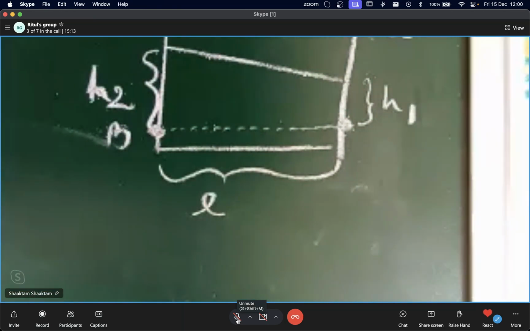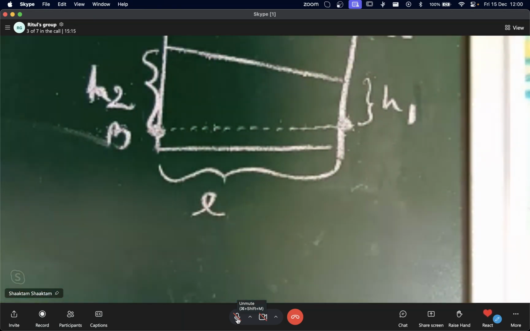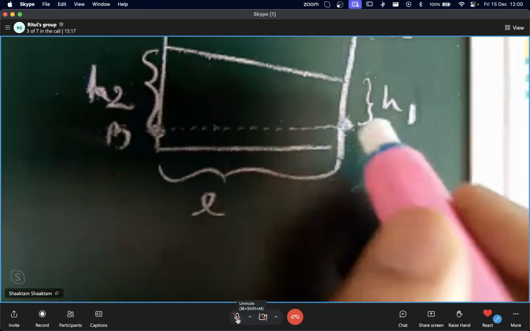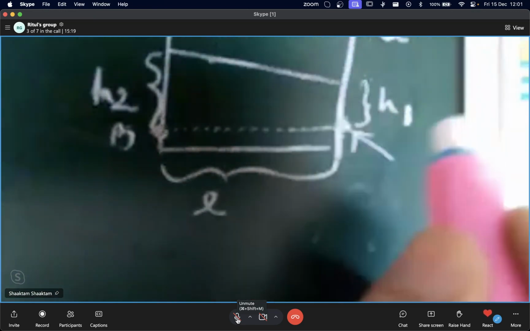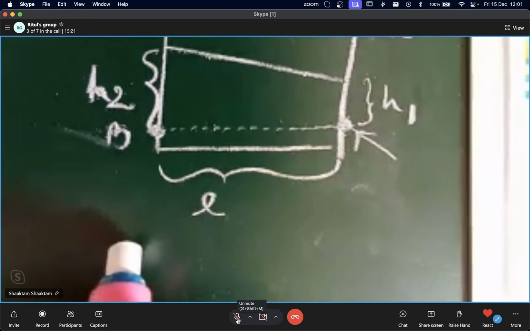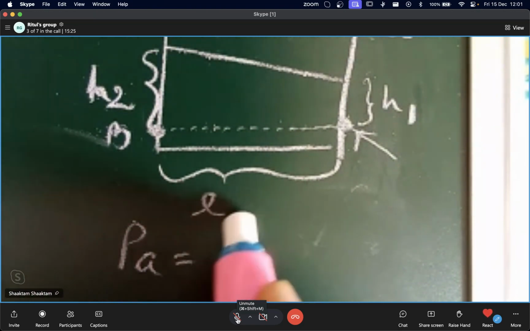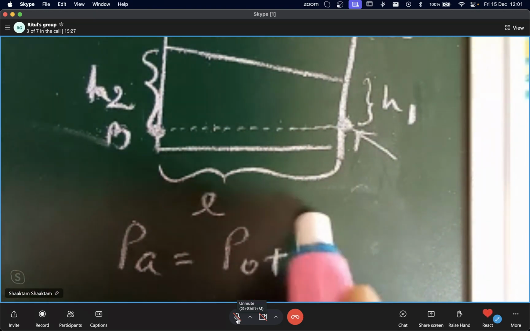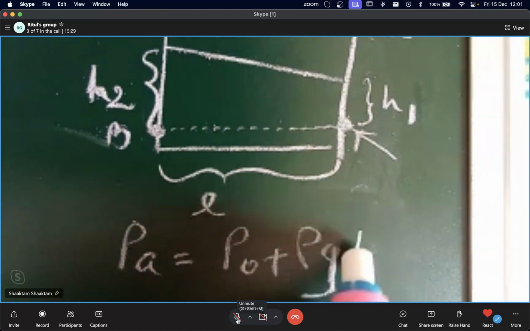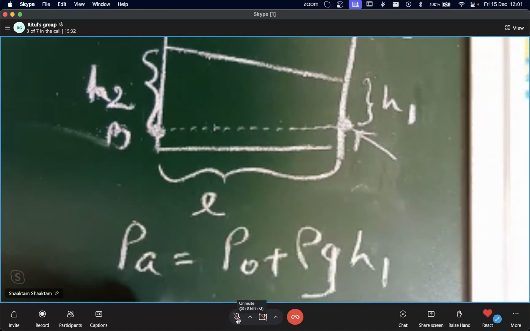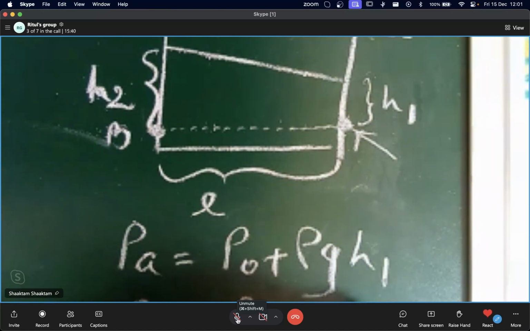Pressure at A is P naught plus rho g h1. Similarly, pressure at B is P naught plus rho g h2. Fine, done.